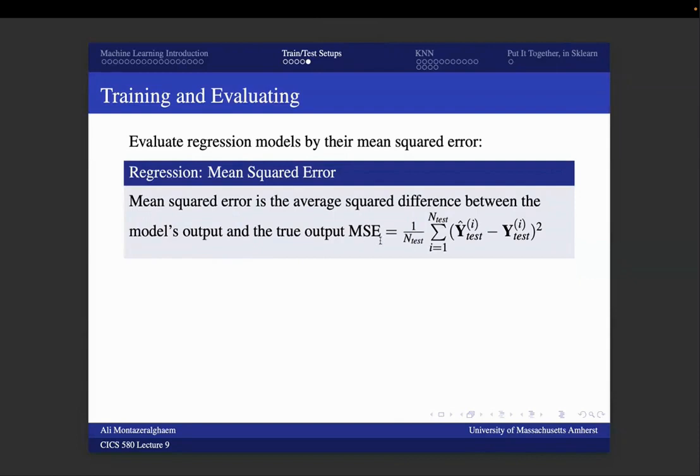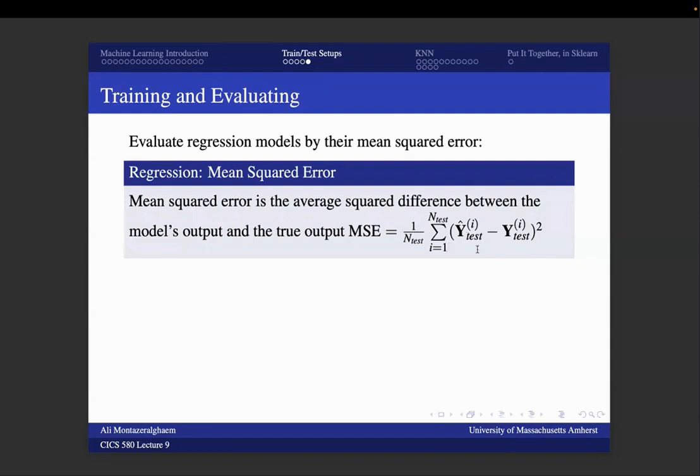Mean square error is also similar to accuracy. For each data point, we take the difference between the predicted label and the true label, and then square it.